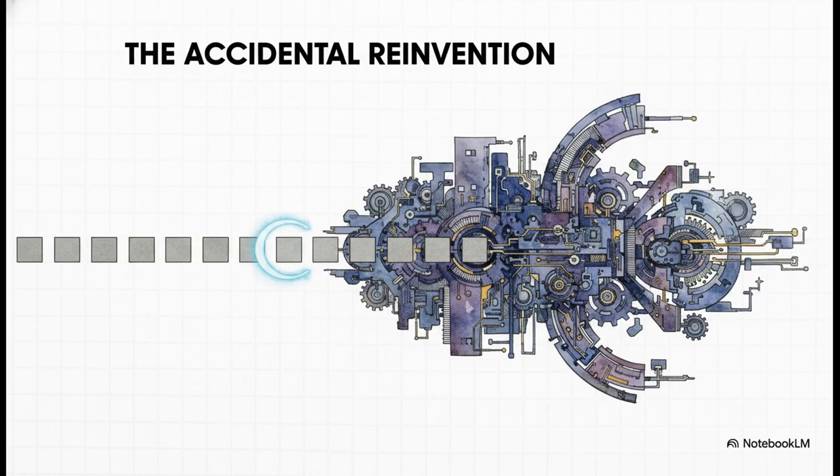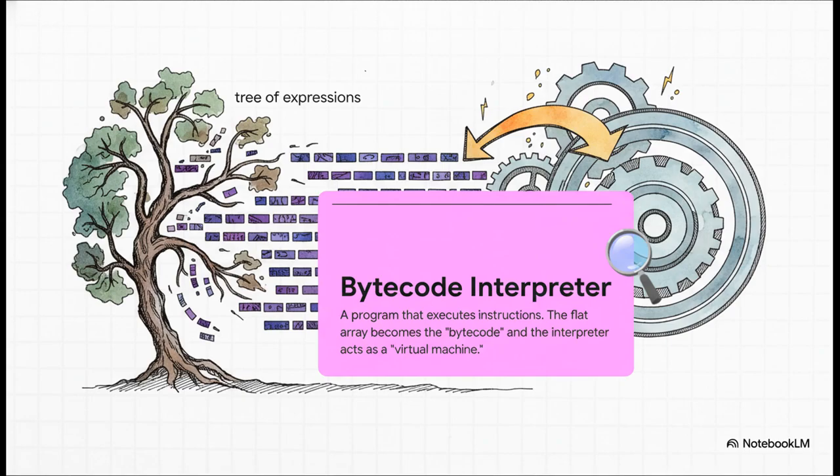Something classic, powerful, and fundamental. As developer Bob Nystrom pointed out, what we've actually built is a bytecode interpreter. Our flat array of expressions has effectively become a list of instructions, the bytecode. And our simple loop that scans through them, that's our virtual machine. We started by trying to optimize a tree, and we accidentally ended up in the land of bytecode.